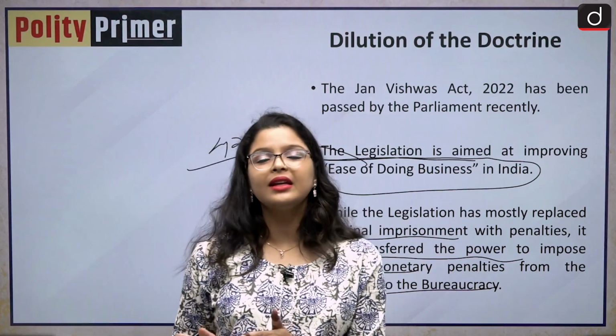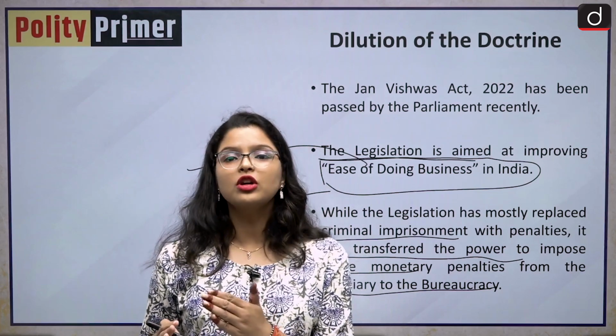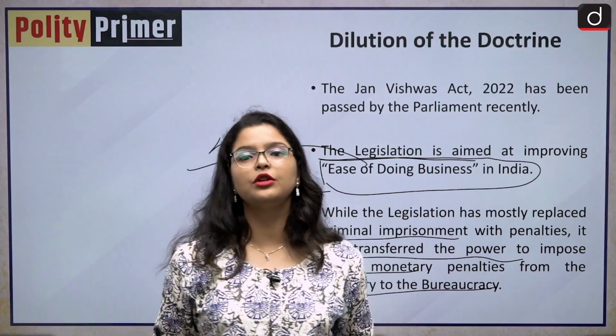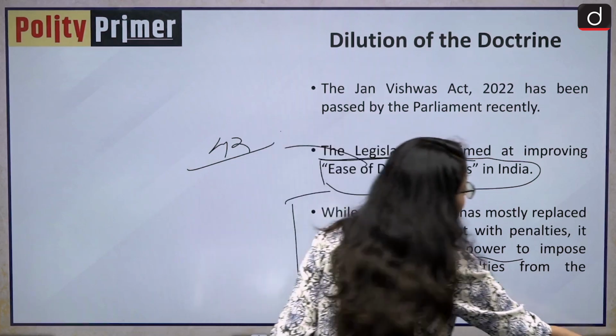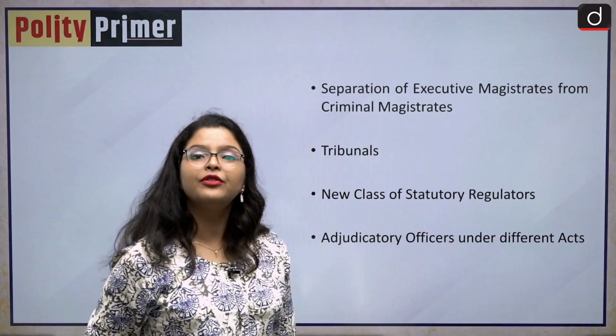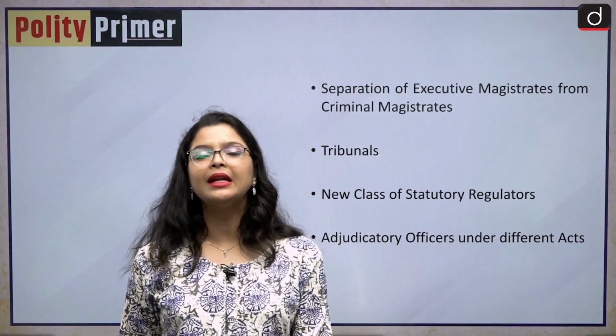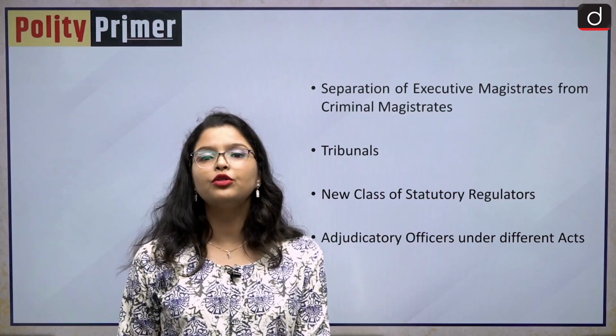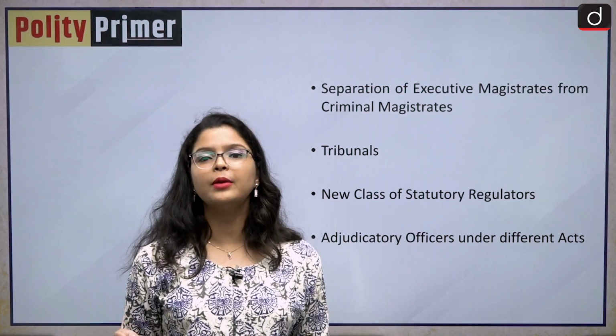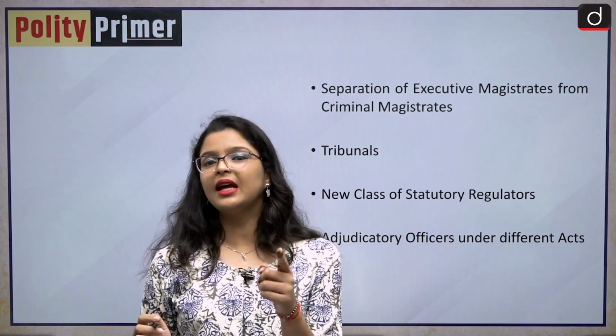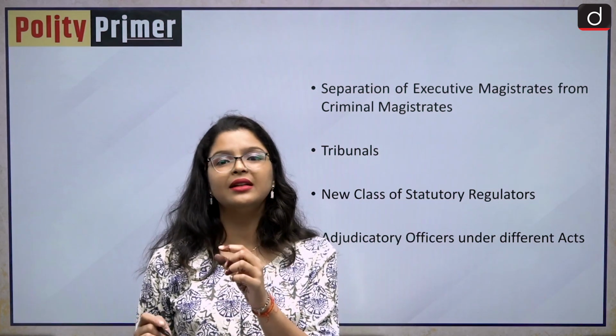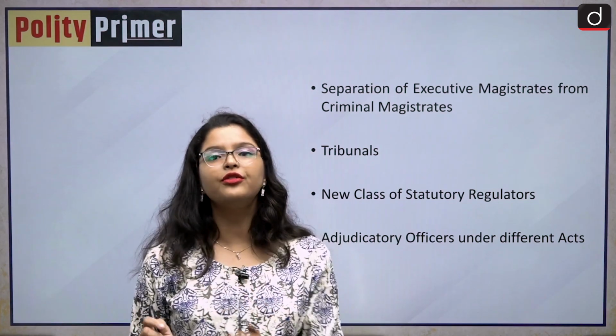So what are the other instances in which the doctrine of separation of power has been diluted? Let us see. Before, when we got independence and our Constitution came into force, there was no separation of power between a judicial magistrate and an executive magistrate.